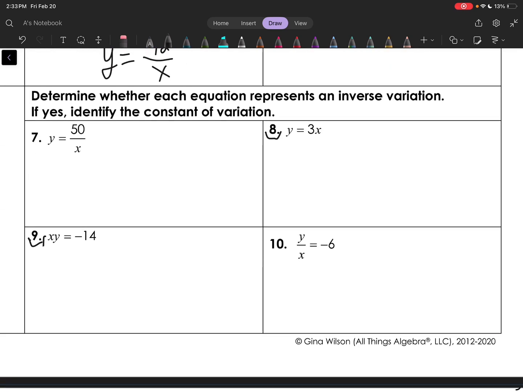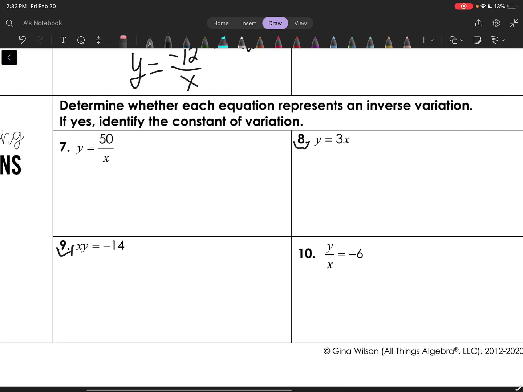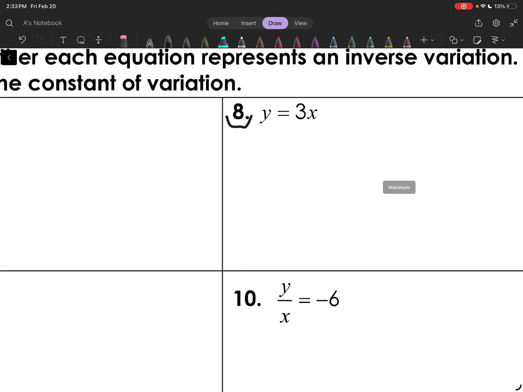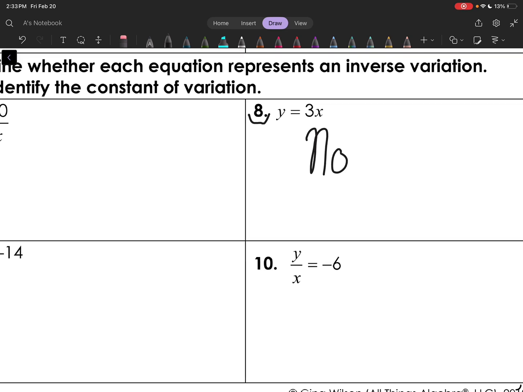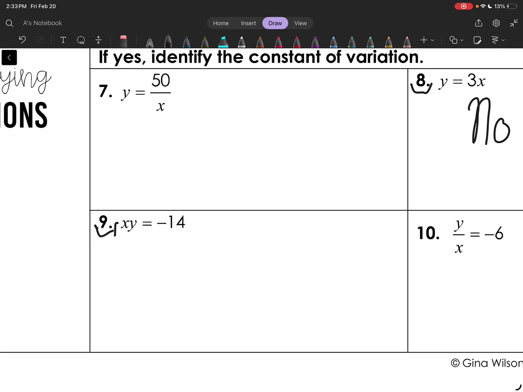Okay. Determine whether each equation represents an inverse variation. If yes, identify the constant. Again, we have to have just a number, and this time divided by x instead of times x. Number 8, y is equal to 3x. This is direct variation. It is not inverse variation. Number 9, x times y is equal to negative 14.